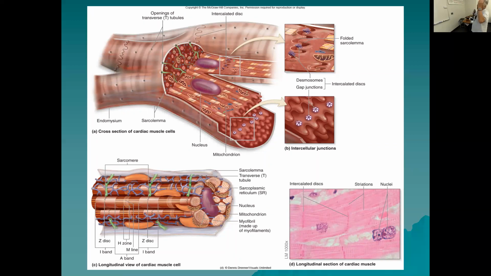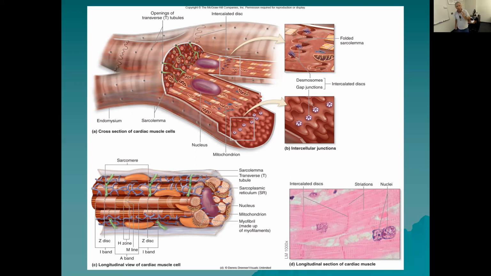So they're shorter, they're branched, they have the sarcomeres, they have transverse tubules, they have a sarcoplasmic reticulum, but it's much less developed than in skeletal muscle. So skeletal muscle has an internal calcium store, the sarcoplasmic reticulum, and there isn't any calcium that comes in from the outside.